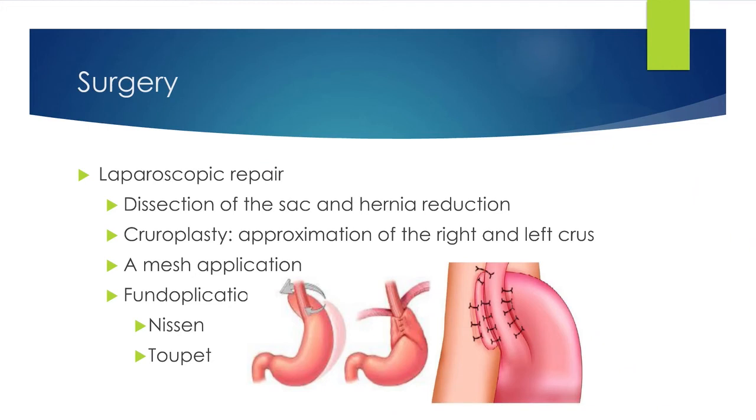You imagine the right and left crura running parallel to each other with a wide gap in between them. So we approximate them with non-absorbable stitches laparoscopically to narrow the hiatus, to get it back to its original size. It's important not to narrow that too much because it could lead to dysphagia.